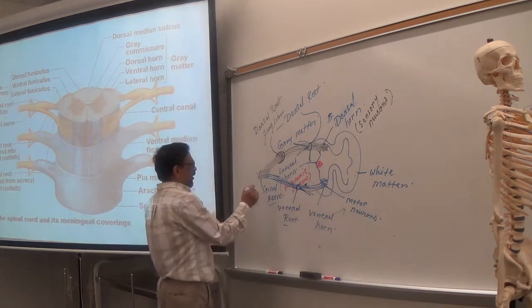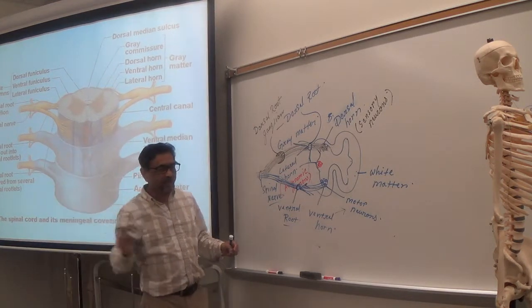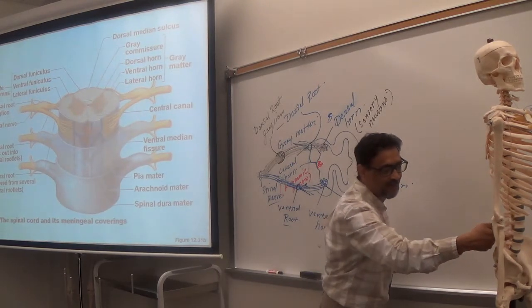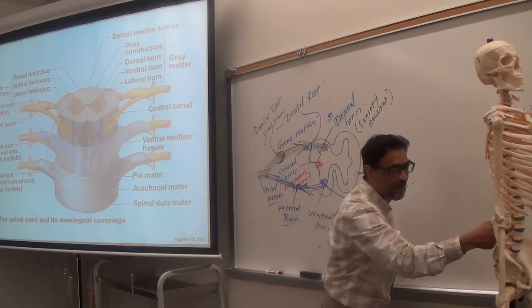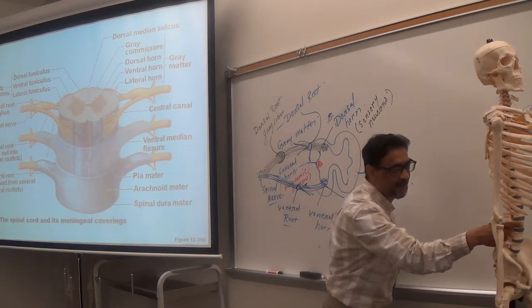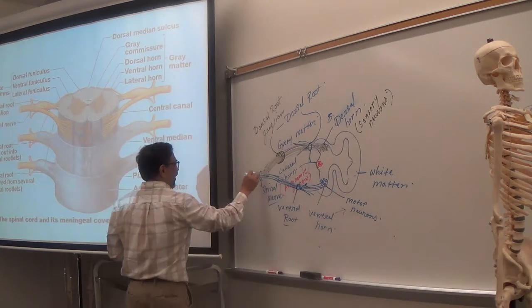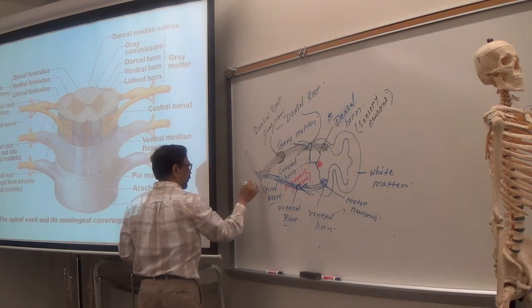Then what happens after the spinal nerve is formed? Spinal nerve is very short. Just comes out this way. You see here, intervertebral foramen. So spinal nerves get out here and then divide into two. So it is very short and divides into two, like this. Two branches.